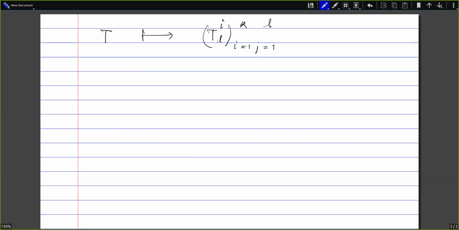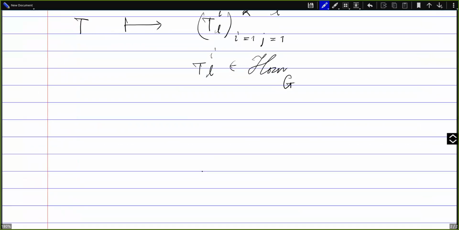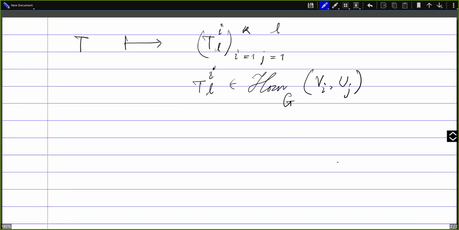Each Tij by definition belongs to Hom_G(Vi, Uj); of course it's a G-invariant map from Vi to Uj. So corresponding to each T, we get a tuple like this.